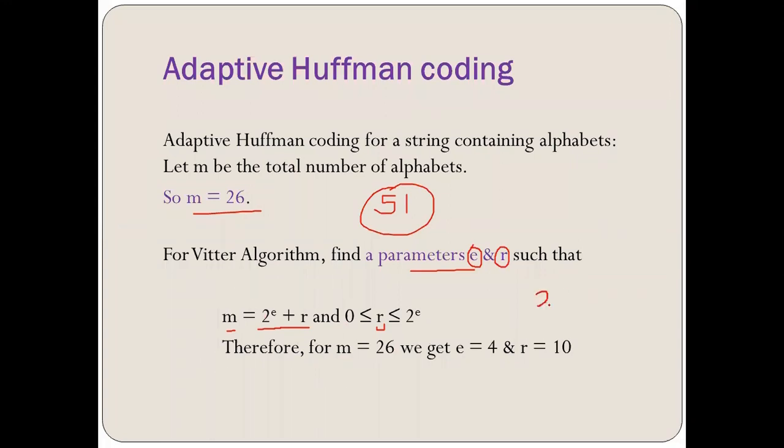So 26 is equal to 2 raised to the power E plus R.